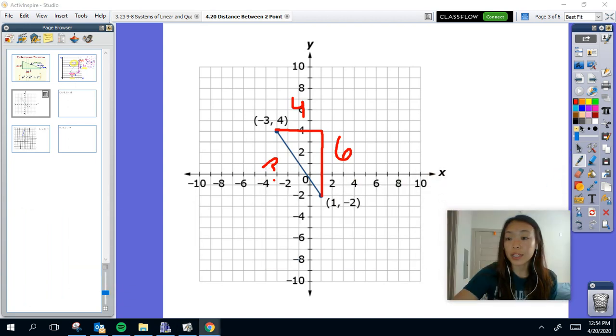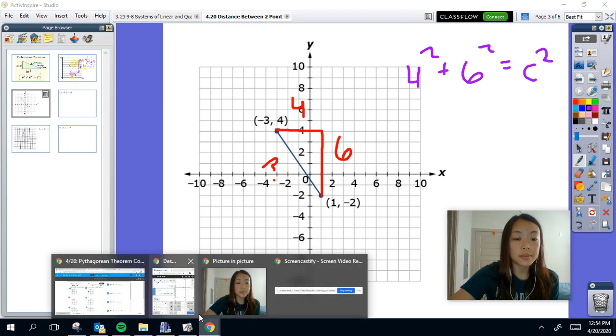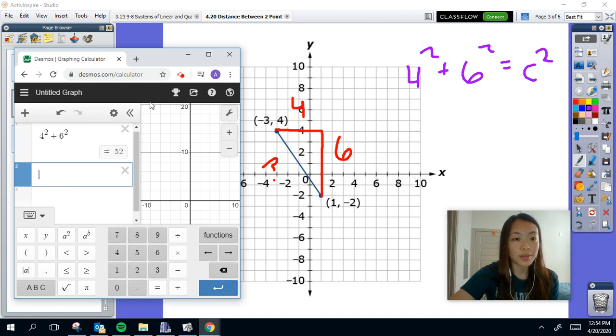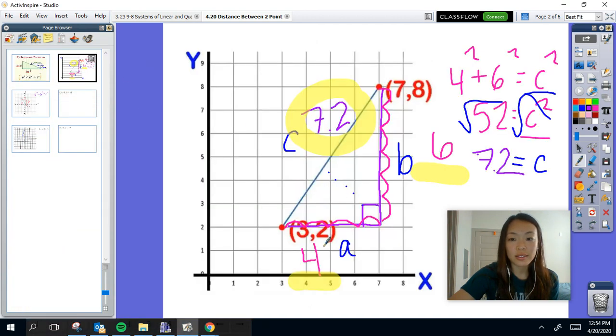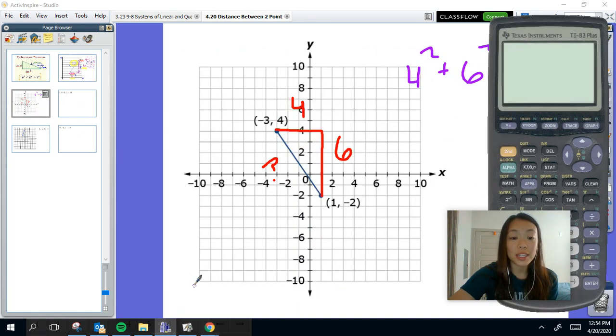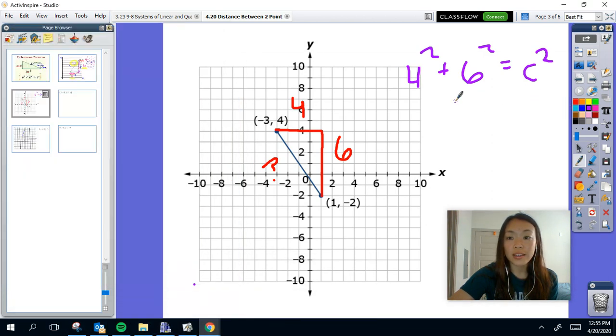Okay, now when I do that, let's set it up. A squared plus B squared equals C squared. On my calculator, I set this up really quick: 4 squared plus 6 squared equals 52. All right, so this matches the last one. 4 and 6, and this one just happens to also be 4 and 6, so we know we're going to get the exact same answer. 52 on this side equals C squared.